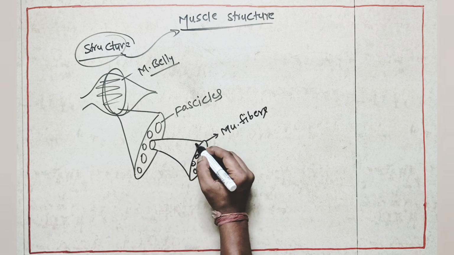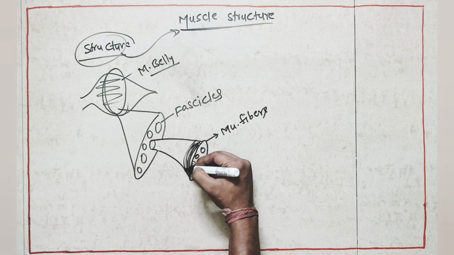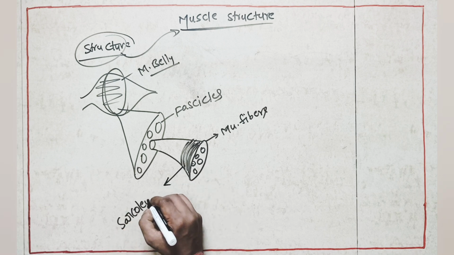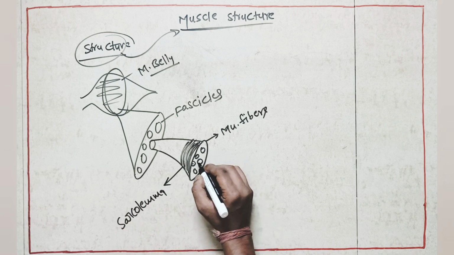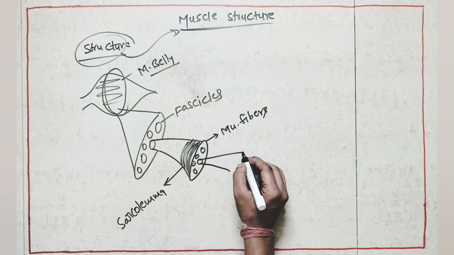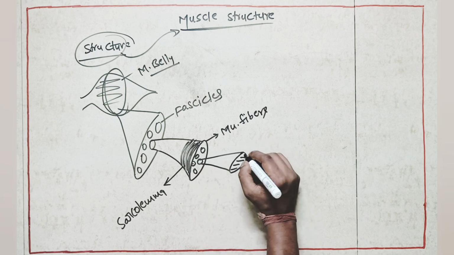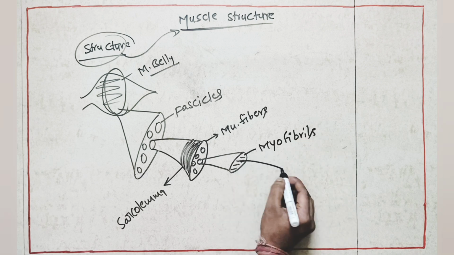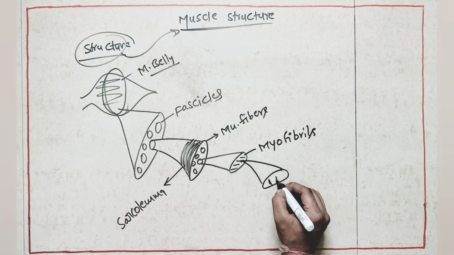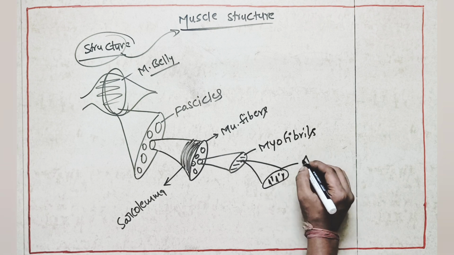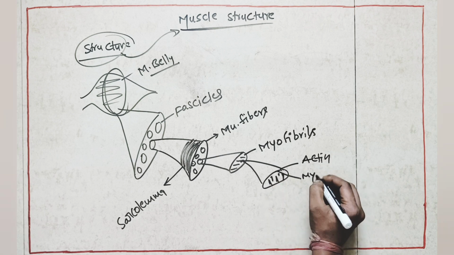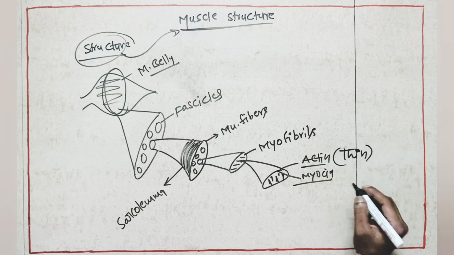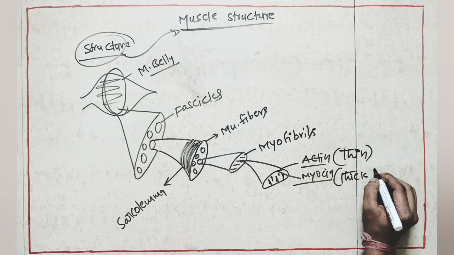The outer layer covering the muscle fiber is called the sarcolemma. If we take this muscle fiber out, in it we have myofibrils. Inside these myofibrils we have two structures, actin and myosin. Actin is the thin filament, myosin is the thick filament.